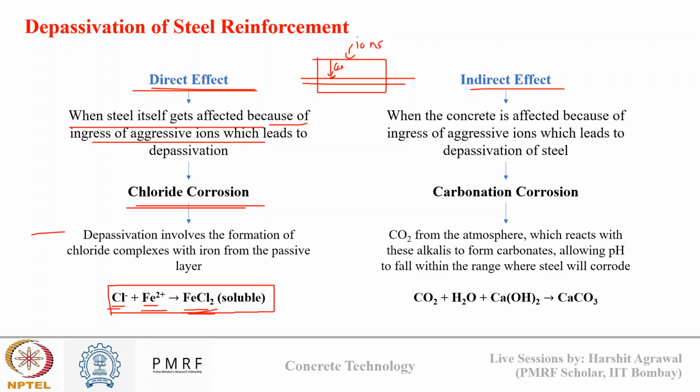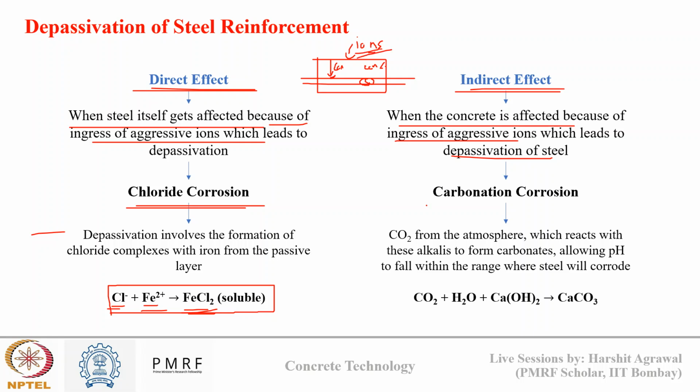The second is known as the indirect effect, where concrete is affected by aggressive ions, which causes depassivation of steel. These ions are not causing damage to the reinforcement directly, but they are causing damage to concrete, which in turn causes damage to the reinforcement. Which ion is this?